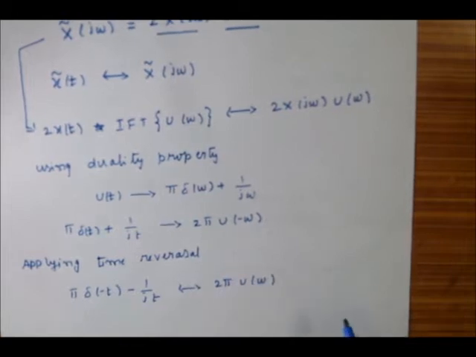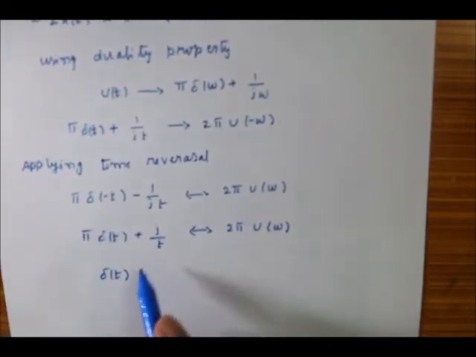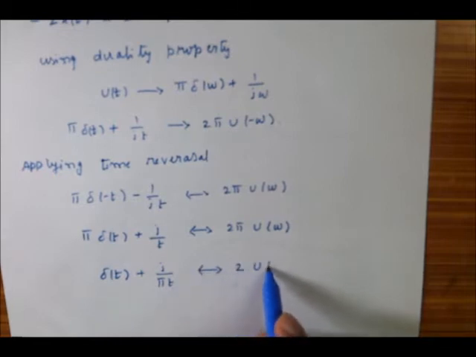But because the Dirac delta is an even function, this simplifies to pi delta of t plus j by t will have 2 pi into u of omega. So multiplying throughout with 1 by pi, we get delta of t plus j by pi t will have 2 into u of omega as the Fourier transform.